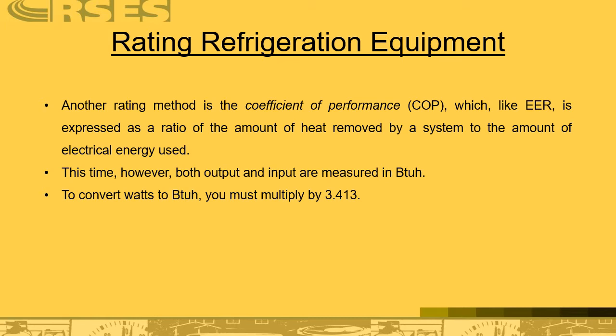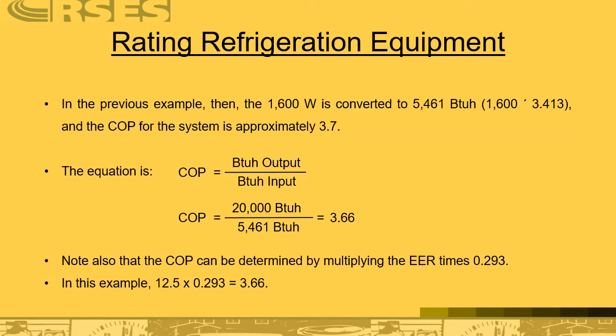To convert watts to BTUs per hour, you must multiply by 3.413. In the previous example, 1,600 watts is converted to 5,461 BTUs per hour, and the coefficient of performance, COP, for the system is approximately 3.7.